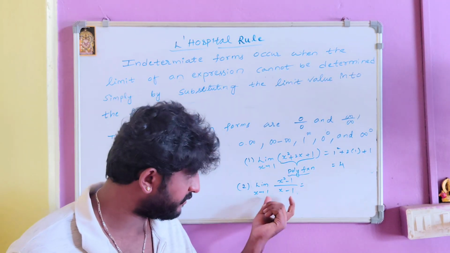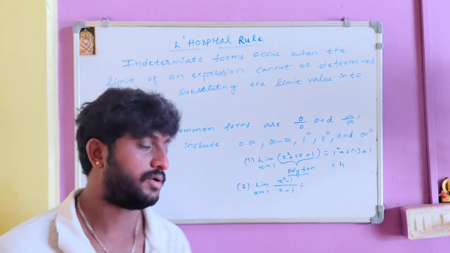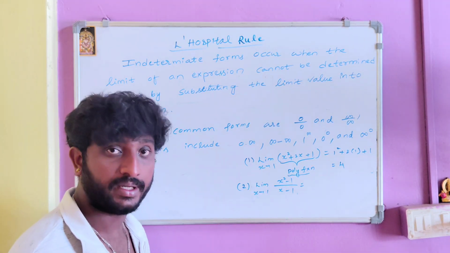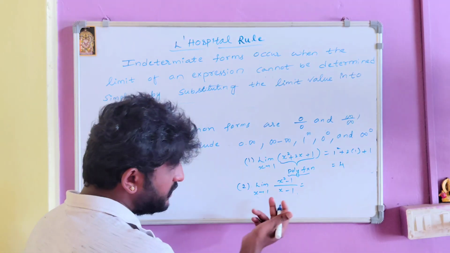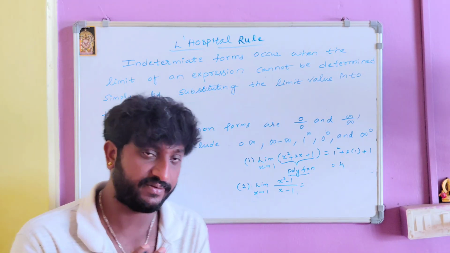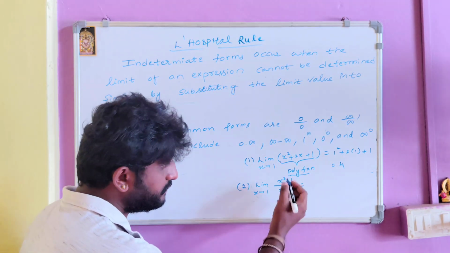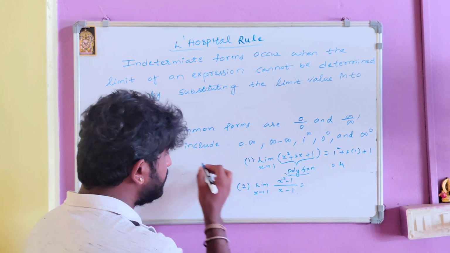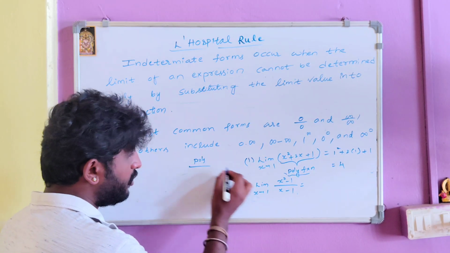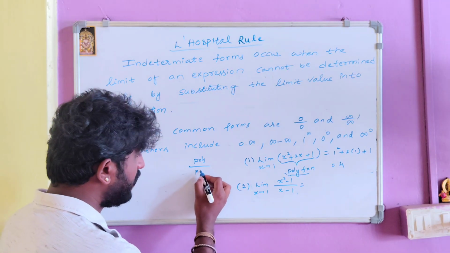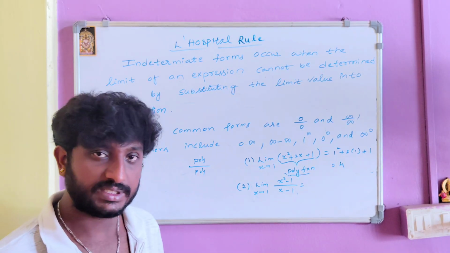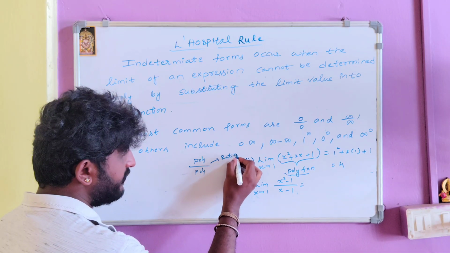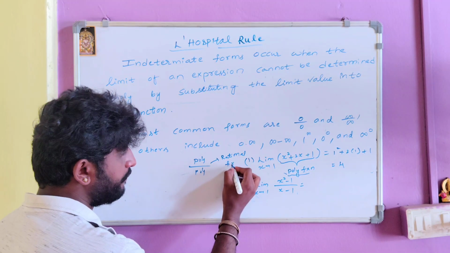If you observe here, the numerator is a polynomial and the denominator is also a polynomial. Polynomial by polynomial is there, so it is a rational function. This function we call a rational function.